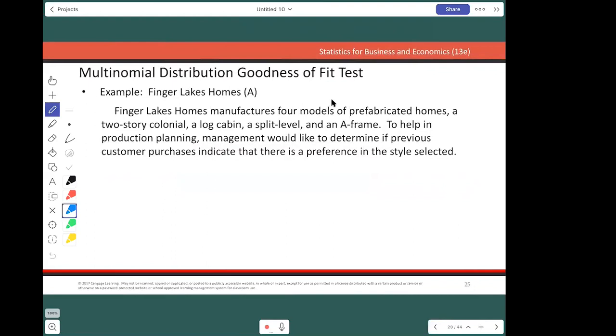Each of them should be equal, which basically means 25%. Now, in the first case, we did a testing for equality of proportions, but we didn't know what the value was. In this case, we are assuming that they all would have a value of 25%.